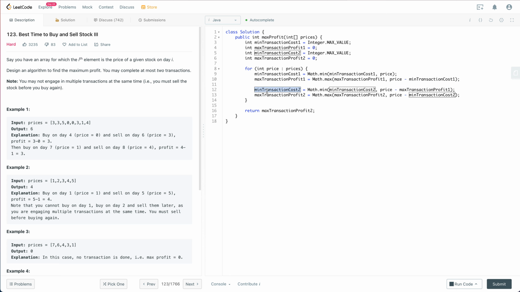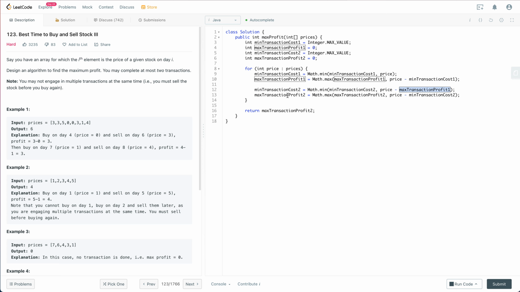Then we compute the minimum transaction cost 2, which is the minimum between the current minimum transaction cost 2 or buying the stock on the current day with the consideration of the profit we have achieved from transaction 1.